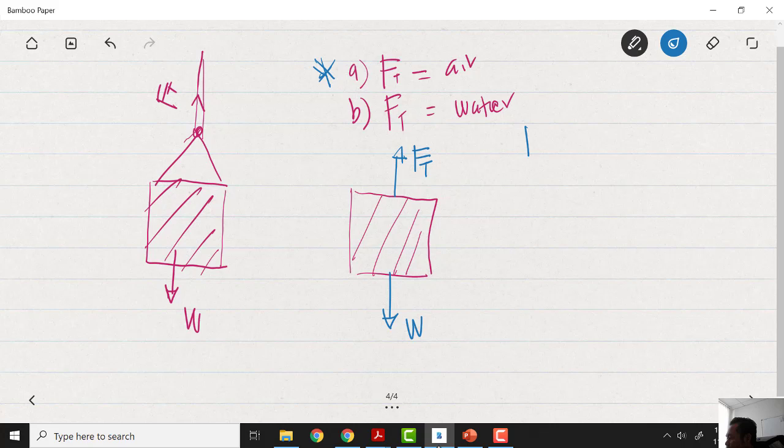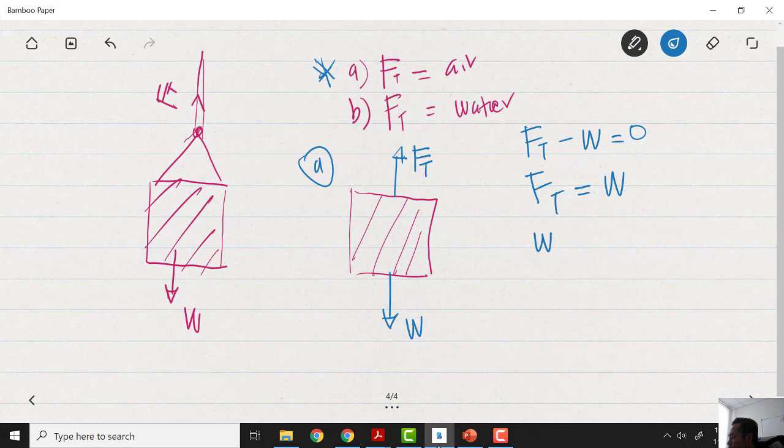So Ft minus weight equals 0. Why 0? Because you are suspending the weight in air. Suspending means static, it doesn't move. So Ft equal to W. Solving A, Ft is equal to the weight. What is the weight?